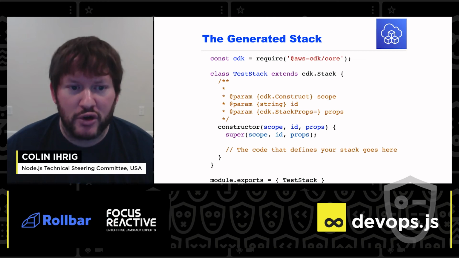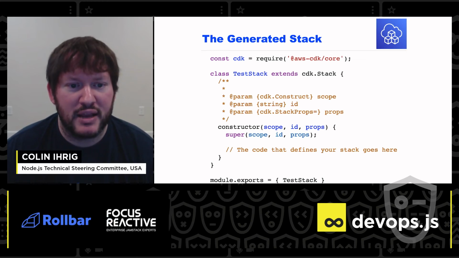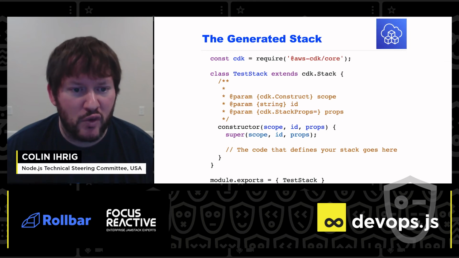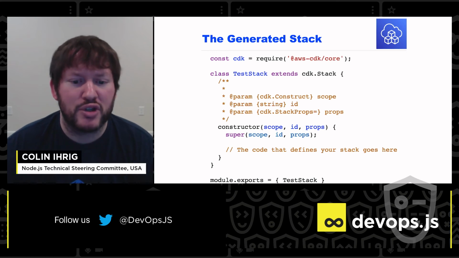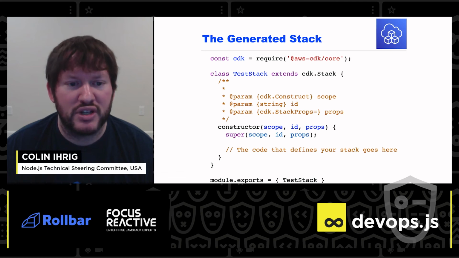The constructor for a class takes a scope, an ID, and props. The scope is the parent construct, as I mentioned before. The ID is what the logical ID of the construct is going to be whenever you synthesize and deploy these applications. And then props are an optional map that can be passed in that are used to define other properties of your construct.